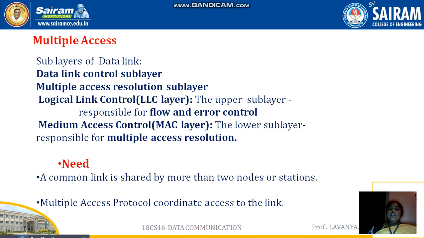The logical link controller we call the upper layer, and the flow and error control we call the middle layer, the responsible layer. The medium access control is our MAC layer in this chapter. This is one of the lowest sublayers, and it is responsible for multiple access resolution. It accesses many devices or layers.